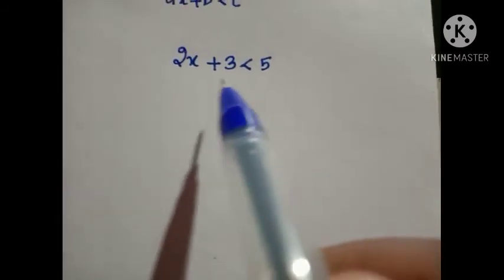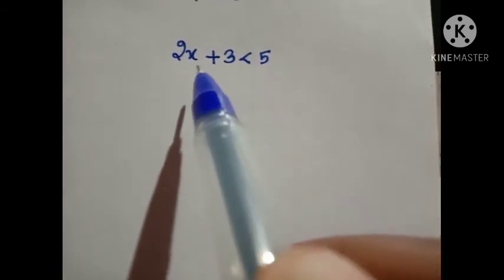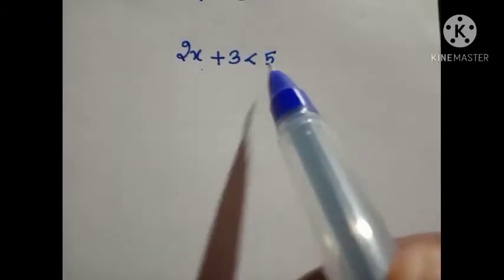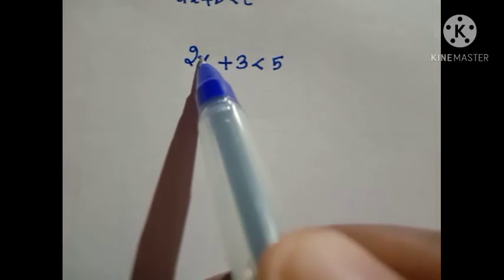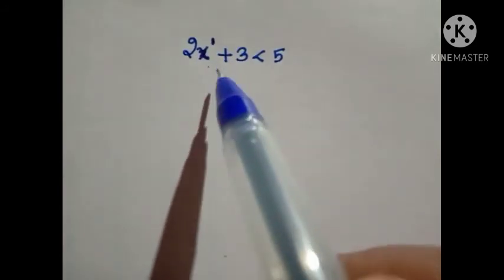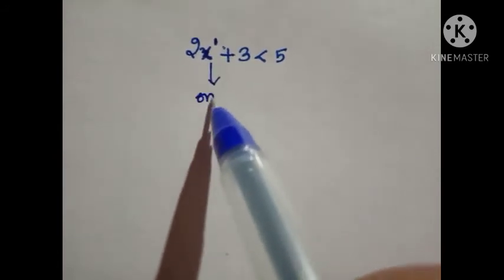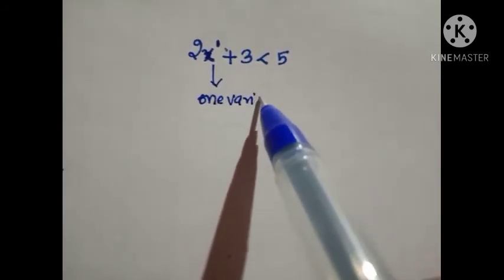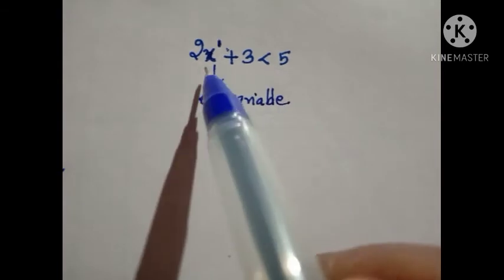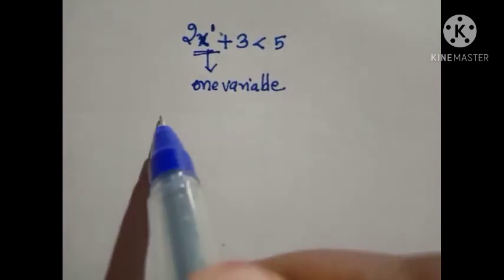Now listen, there is a linear inequality. 2x plus 3 is less than 5. Linear means variable's degree is 1, and in this inequality there is only one variable, and therefore this is called linear inequality in one variable.